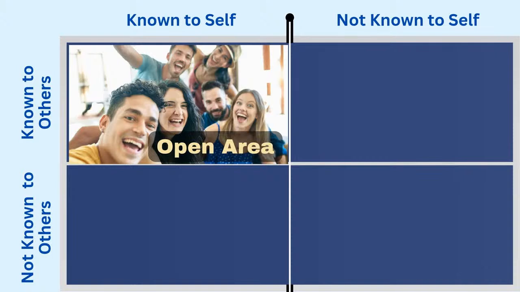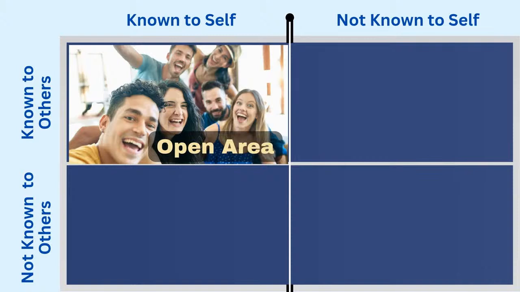So this open area, if you understood, just mention open area understood. That means your life, your aspects, your preferences, your likings and dislikings, your temperament, which you also know, others also know.